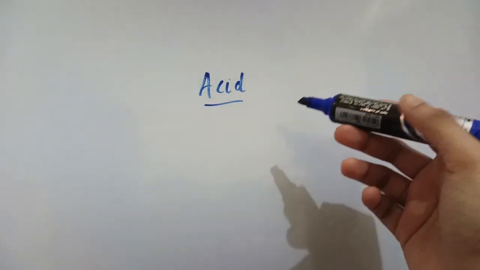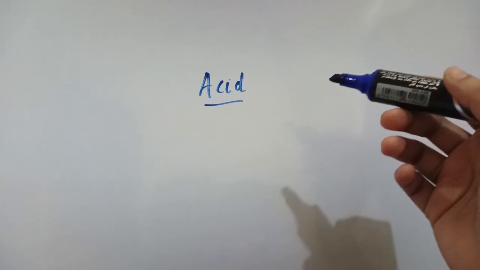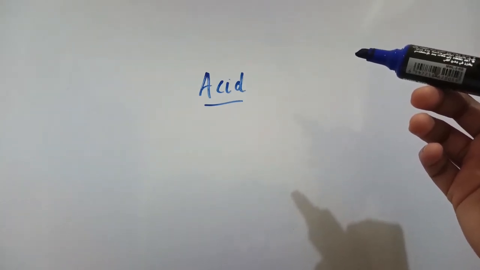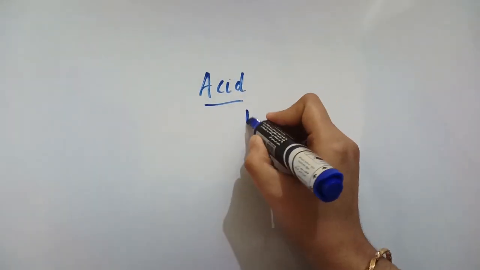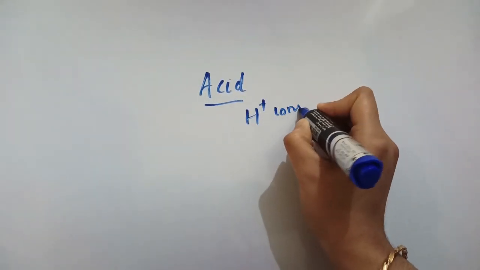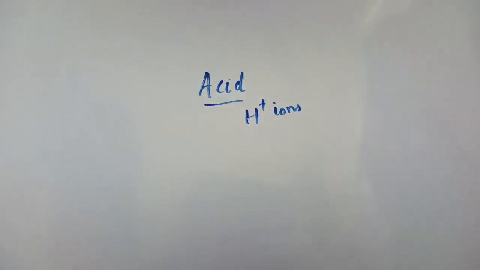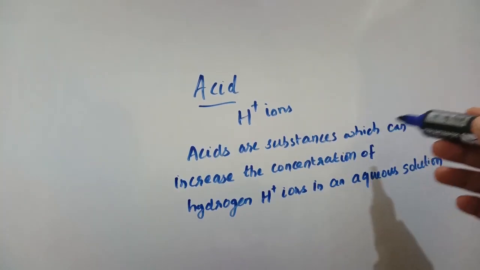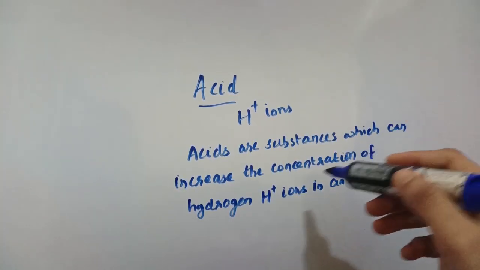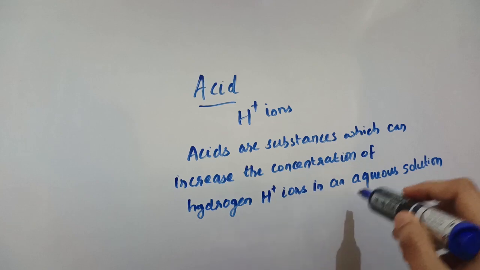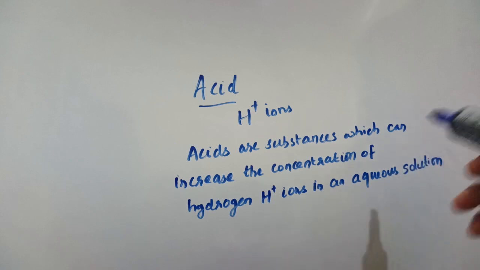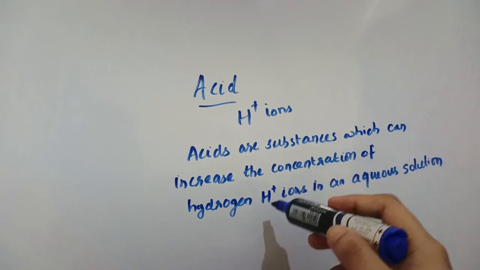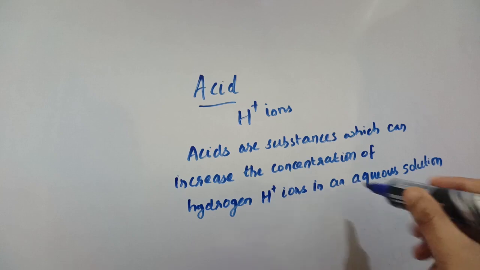Therefore, we can say that the properties of acids are due to the presence of hydrogen ions in them, that is H plus ions. Hydrogen ions means H plus ion. Therefore, we can define acids as substances which increase the concentration of hydrogen ions in an aqueous solution.